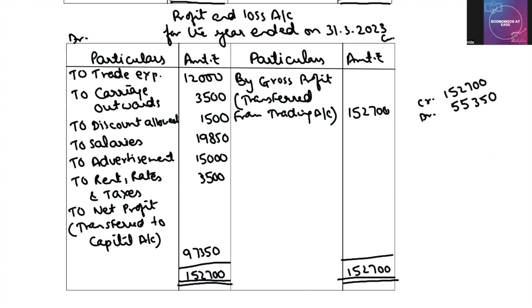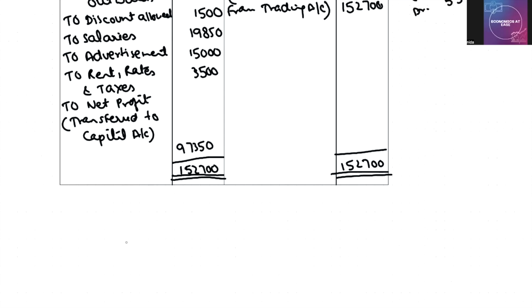Okay. Now I'm going to make the balance sheet. Balance sheet as at 31st March 23, right? Liabilities and asset side.